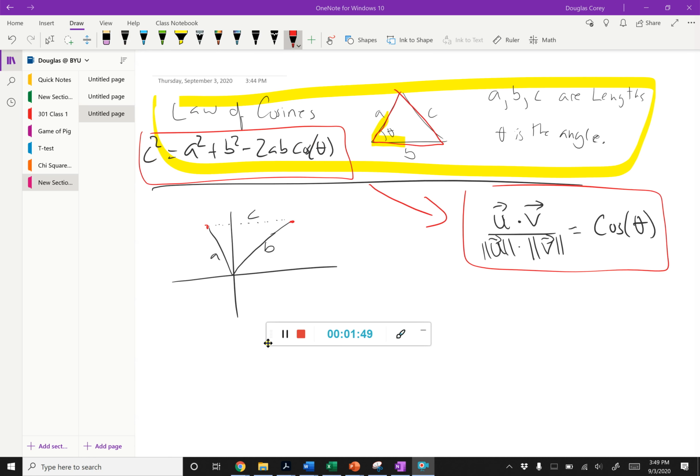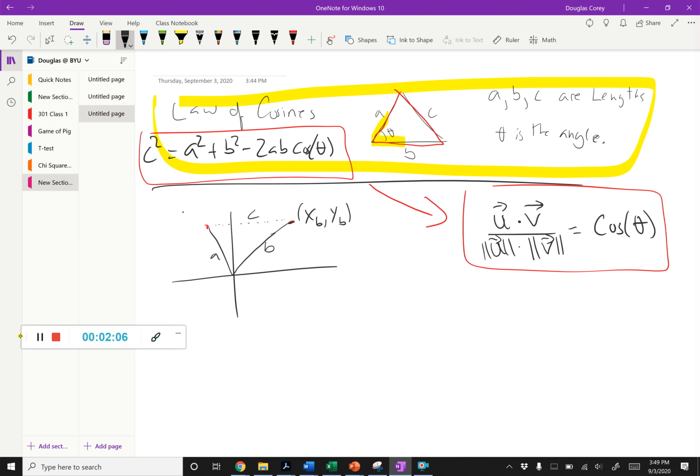And then from there, we'll do the math. So I'm going to call this point x sub b comma y sub b. And this point I'm going to call x sub a comma y sub a.